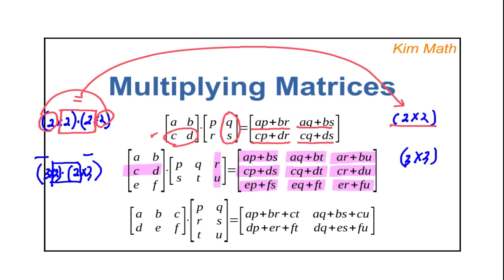Okay. One more example. The first matrix has 2 rows and 3 columns. The second matrix, 3 rows and 2 columns. So again, we have the same number here, right? So multiplication is possible, and the resulting matrix is 2 by 2. Good.